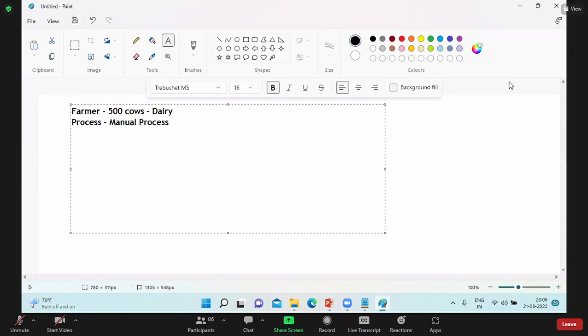He knows exactly how to run this dairy, but he is doing it in a manual process. Now suppose he wants an IT solution. He doesn't have any knowledge about IT solutions to run a dairy. So how to address this?